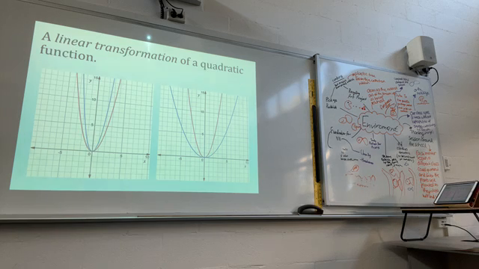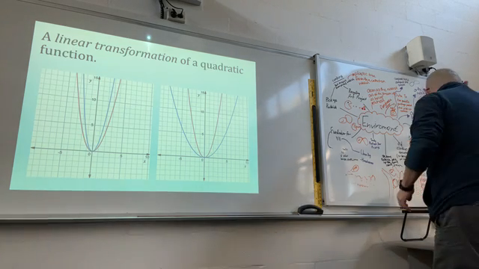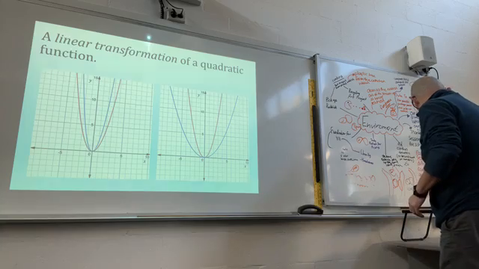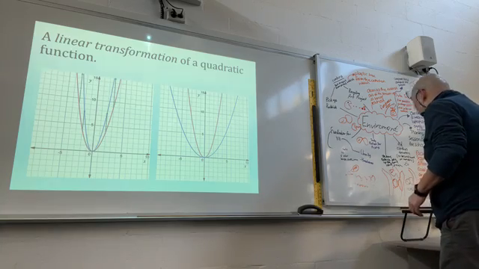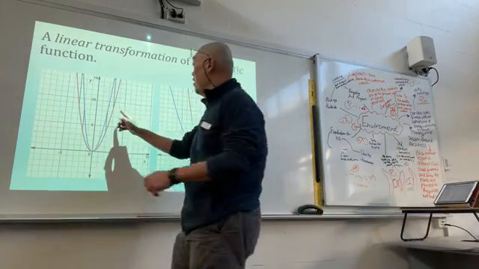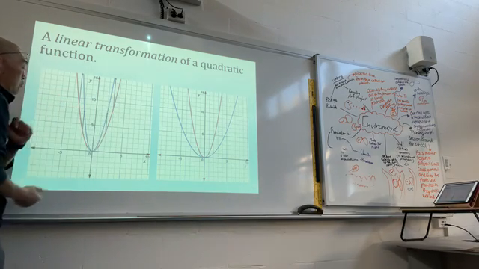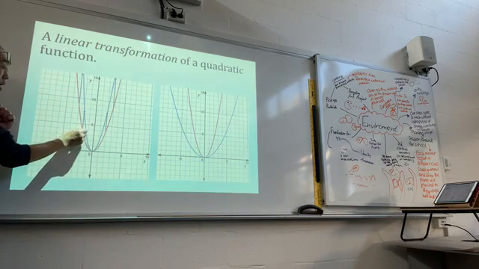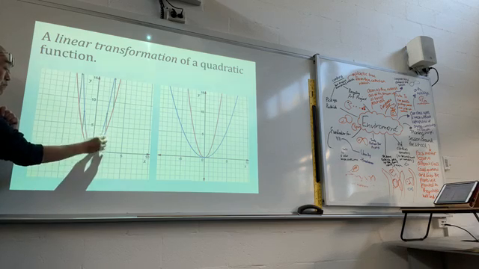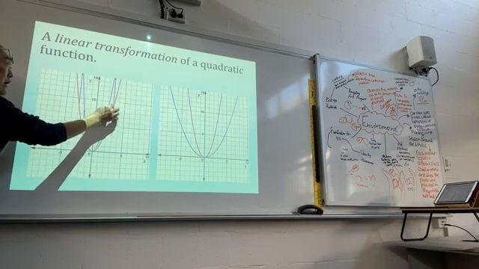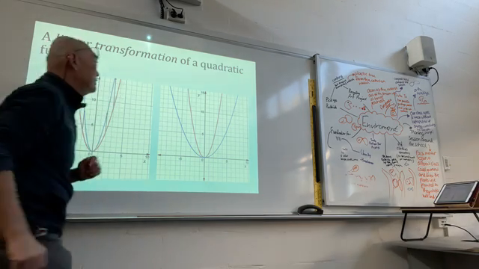So if I started off with the parent function, all right, we can see that what I've done is, if I transform the graph to the blue, from this point on, I've actually moved it up here by a certain factor.